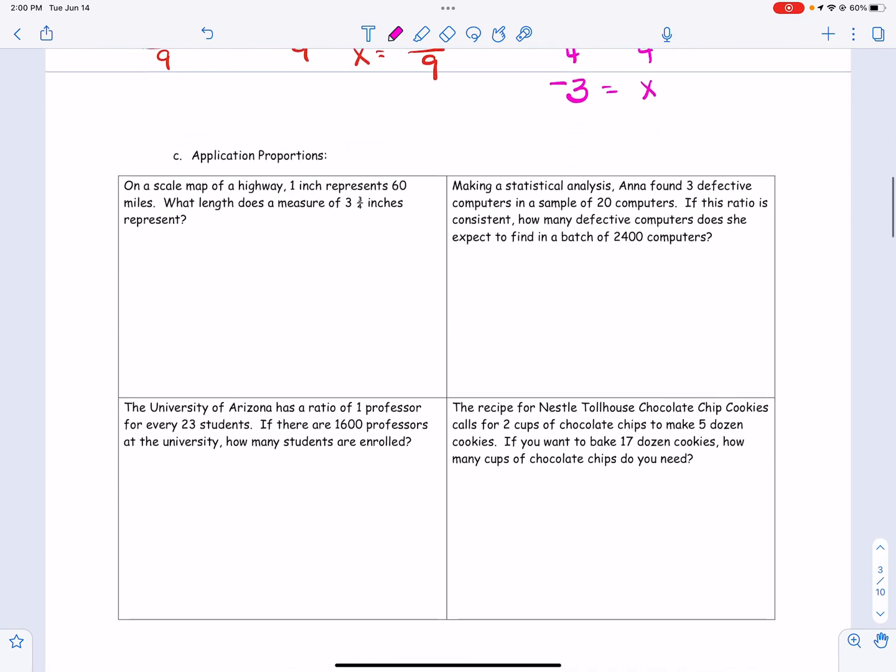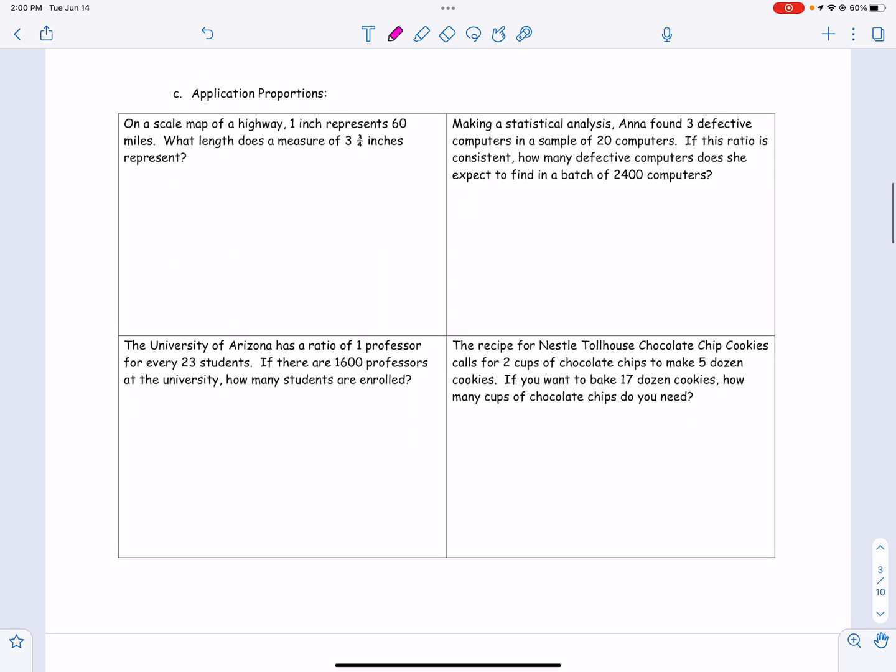Now, the application problems of proportions are by far the easiest, as long as you remember to write the two things that you're comparing out in words first, okay? So what I would do on this application problem, first of all, I would probably change this to a decimal, 3 3/4. I can write it like that, okay?